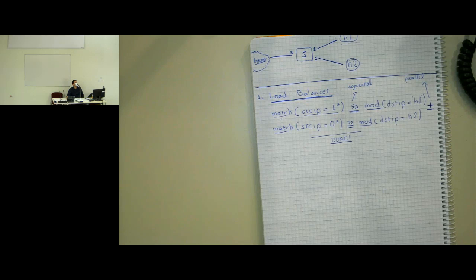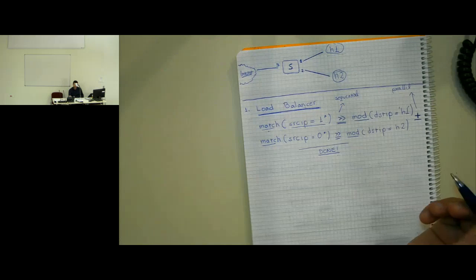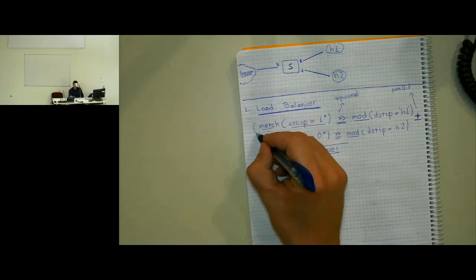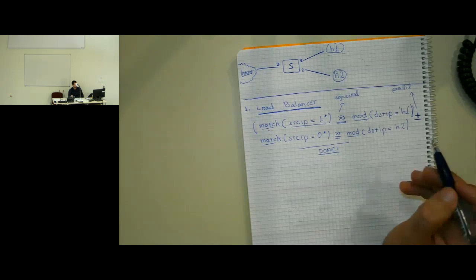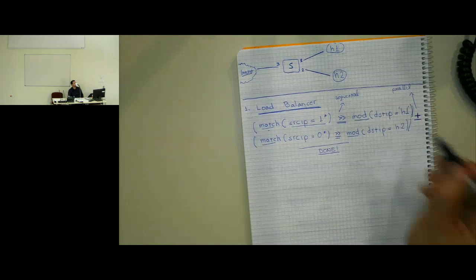Which operator? Parallel. To be correct here, we need to define parentheses so that we are absolutely clear about it.